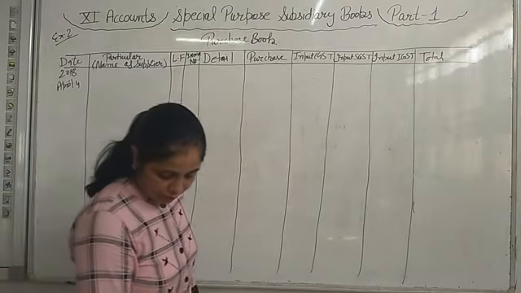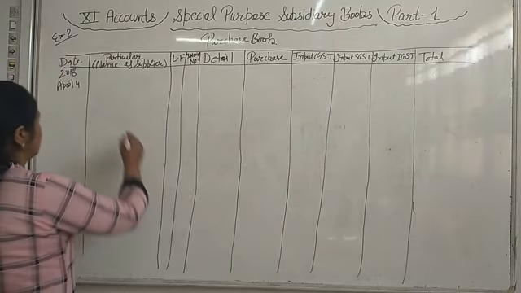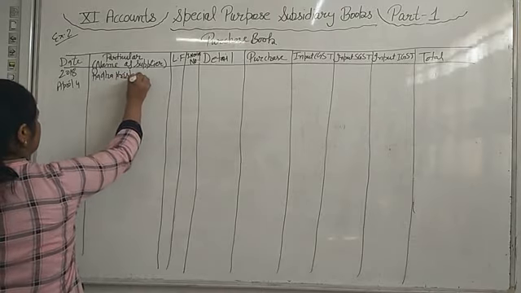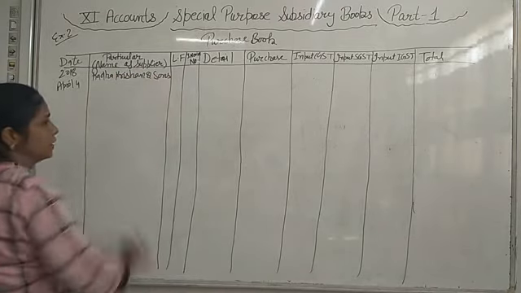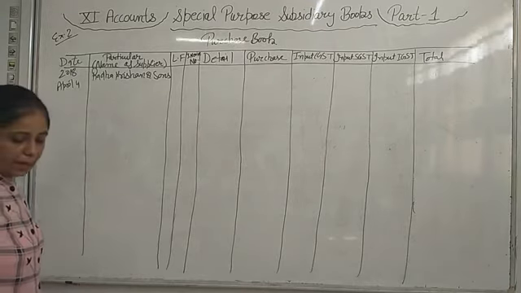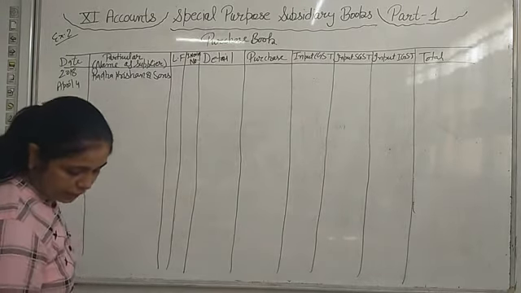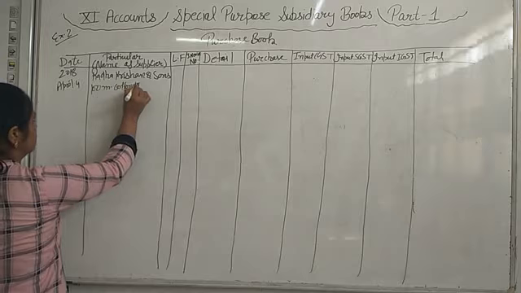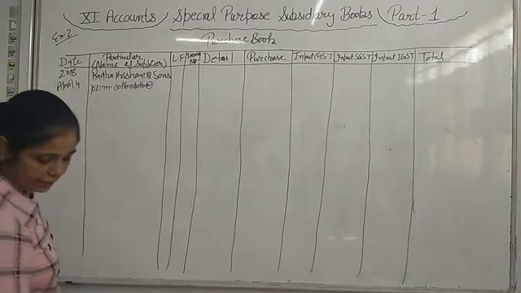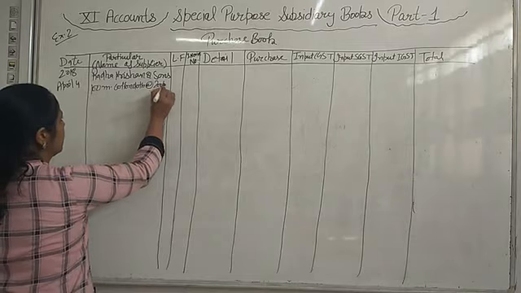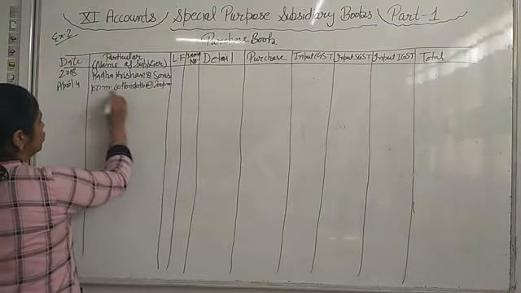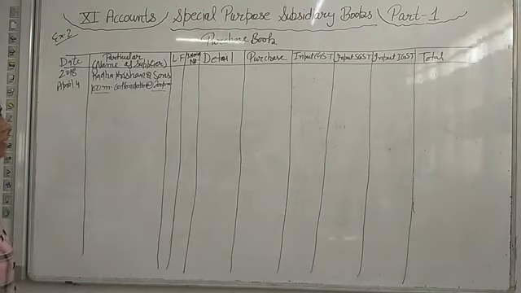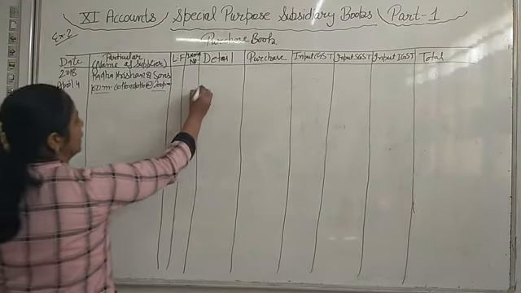First of all, you will write the name of the supplier, Radha Krishan and Sons. And what we have purchased: 100 meter cotton cloth, at the rate of 200 per meter. Then total is 100 meter we have purchased and cost of 1 meter is 200, so total amount is 20,000.